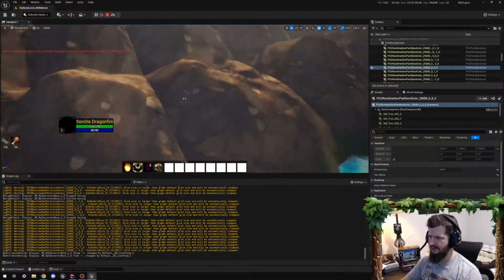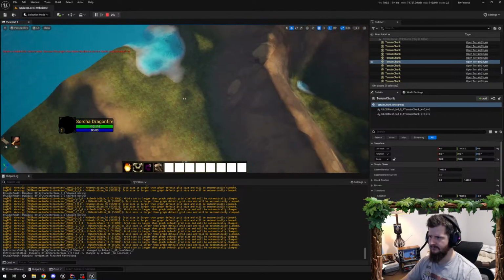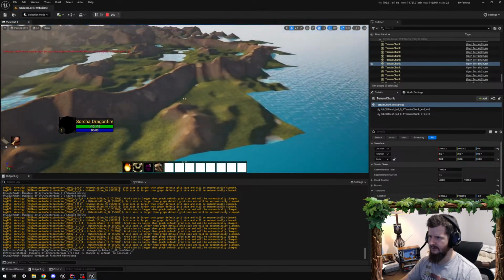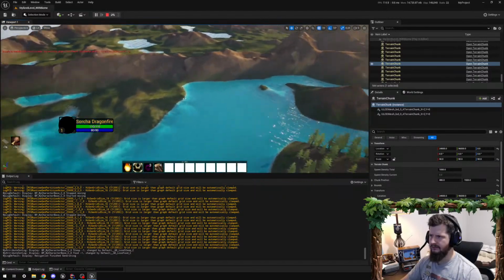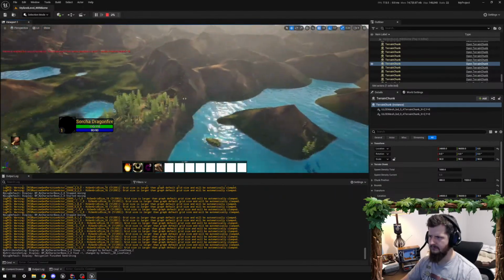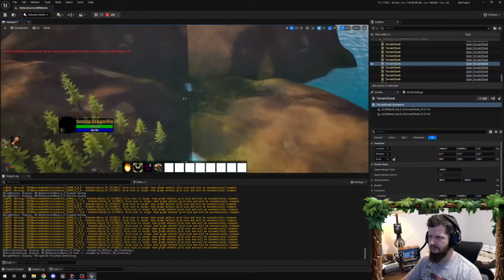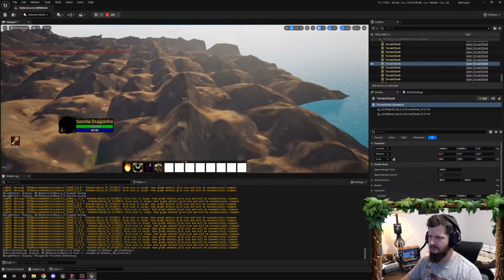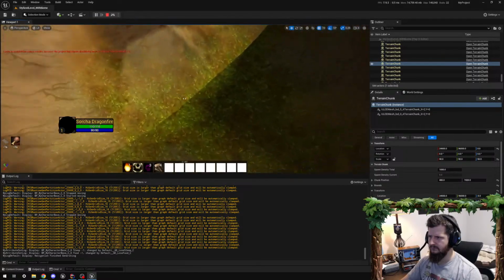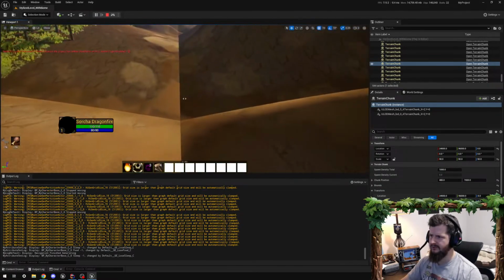Let me get to a non-BCG couple of chunks here. They do actually seem to be connecting quite well. It's a very abrupt transition between each chunk.